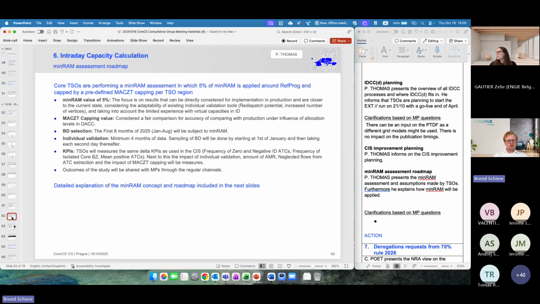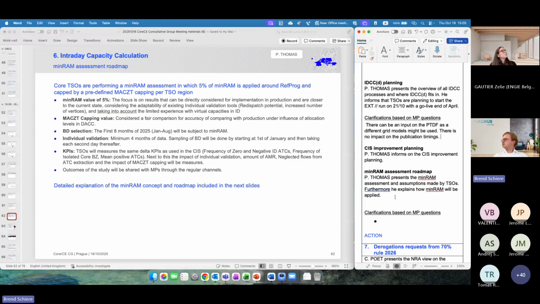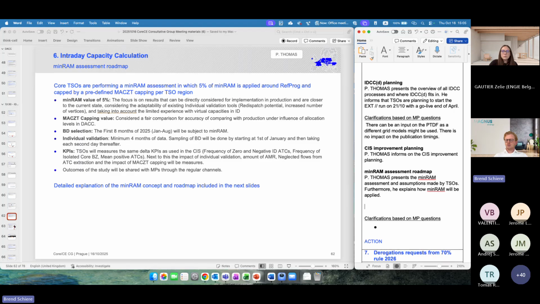Yes, and next to these already almost implemented measures, we are also investigating another one, which could have a positive impact on intraday capacities. Already in the capacity improvement study, we investigated a little bit the usage of virtual capacity for the intraday, which is a new topic, and here we're proposing to investigate a slightly different approach.